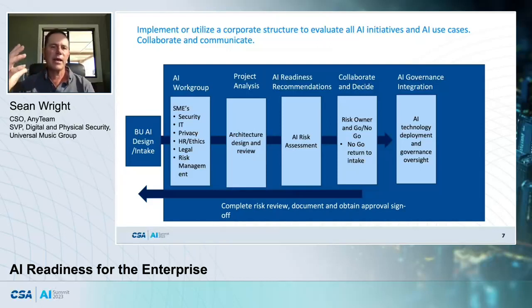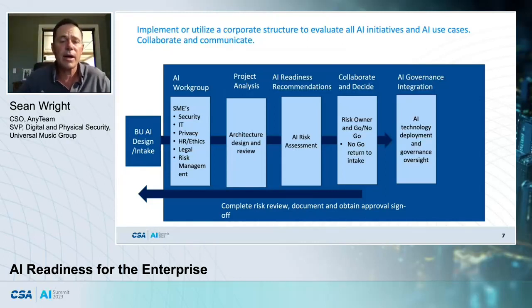So this would be an intake process, and it may be something that already exists within your own organization, which you can curtail towards the deployment of an AI technology. So having an AI working group that you can present new technology and new use cases for AI to is critical, that has representation from security, IT, privacy, HR, ethics, legal, and risk management, so that everyone can get their eyes on it as it's coming into the organization.